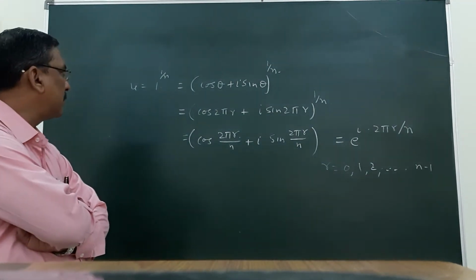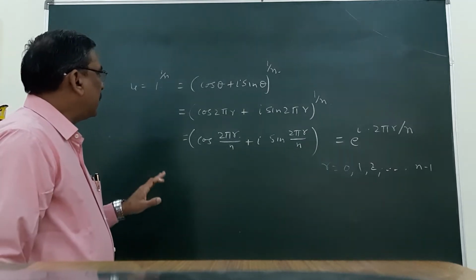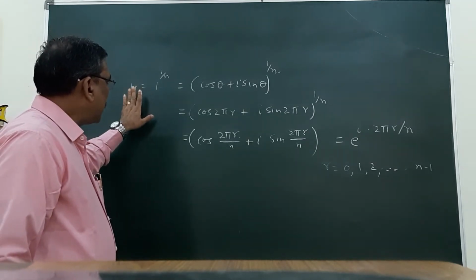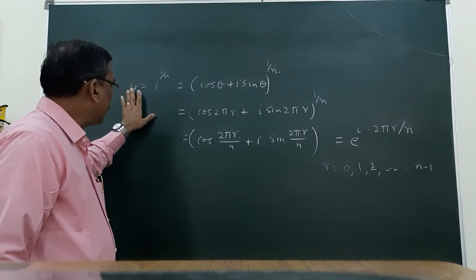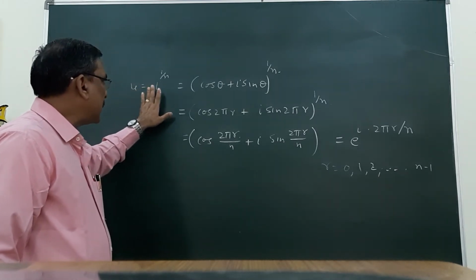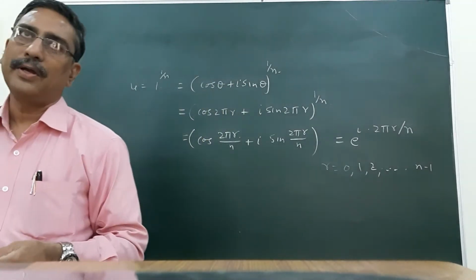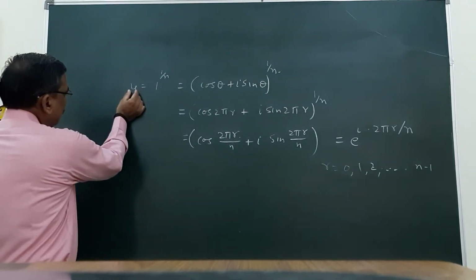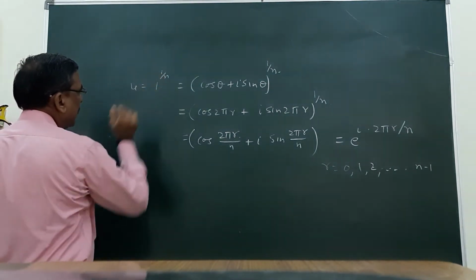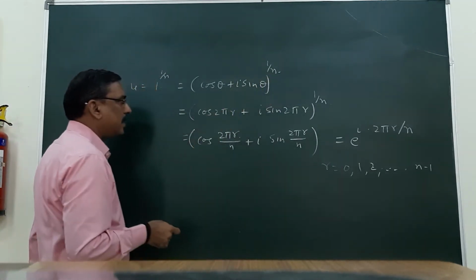Now today I am trying to find whether the set of nth roots of unity is a group or not with the operation of multiplication. So let us define u equal to 1 raised to the power 1 by n, which is (cos theta + iota sin theta) raised to the power 1 by n.